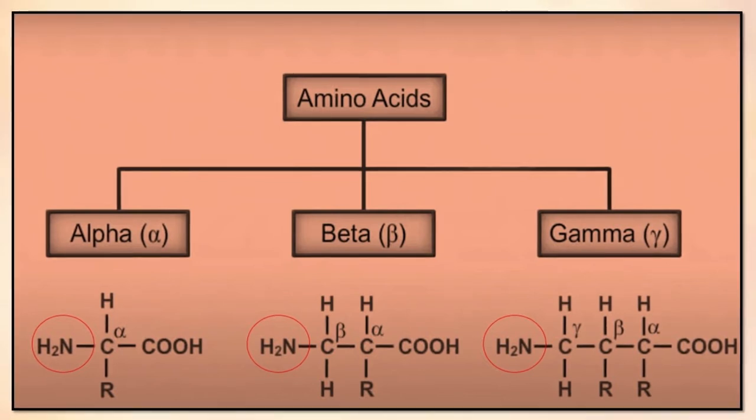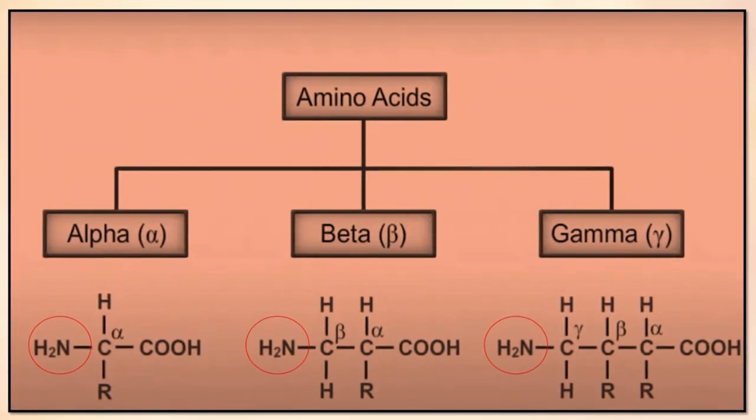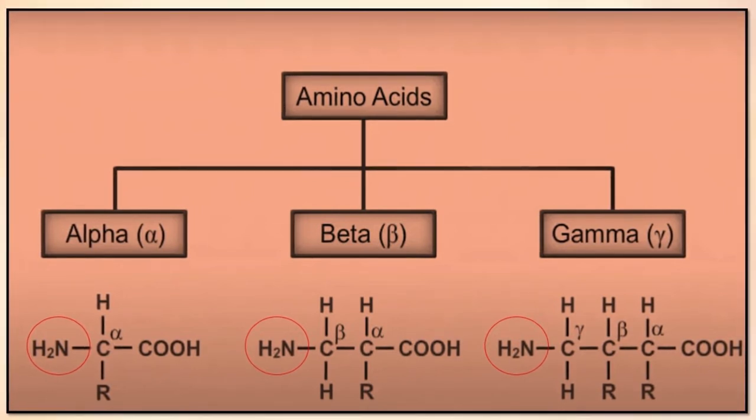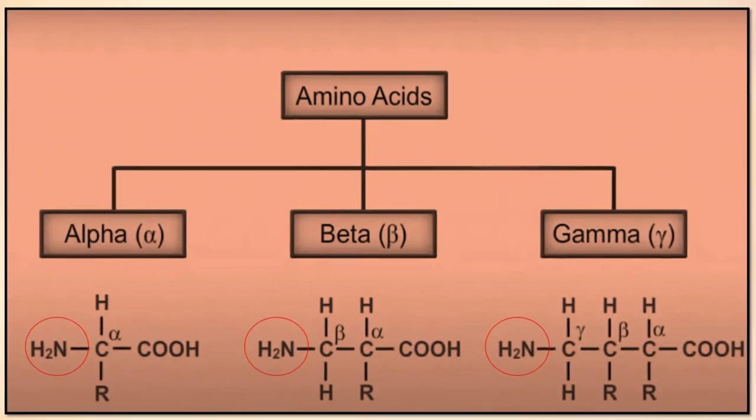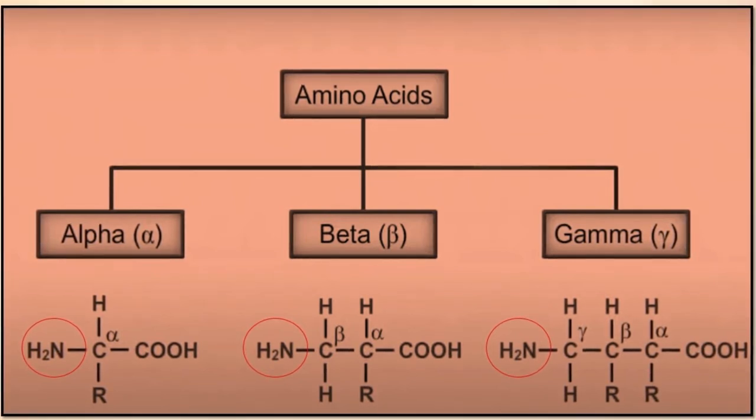The carbon atom which is directly attached to the carboxylic acid group, that is the COOH group, is called the alpha carbon atom. If the amino group is attached to the alpha carbon atom, then we classify that particular amino acid as an alpha amino acid.